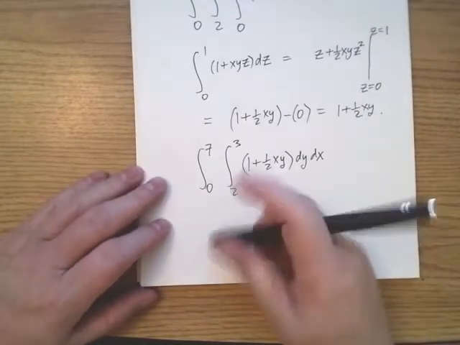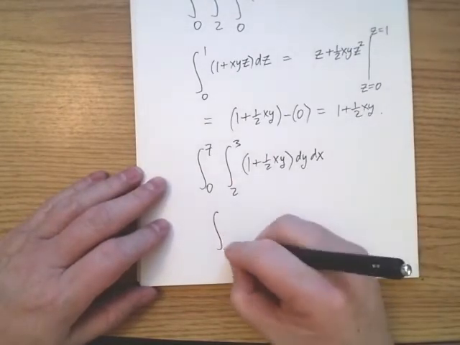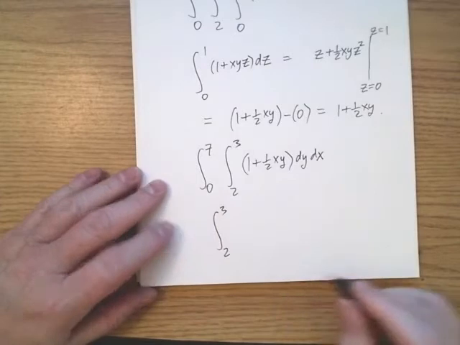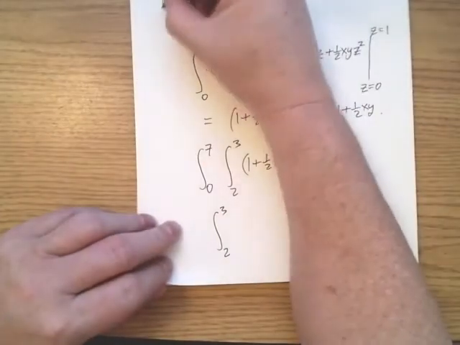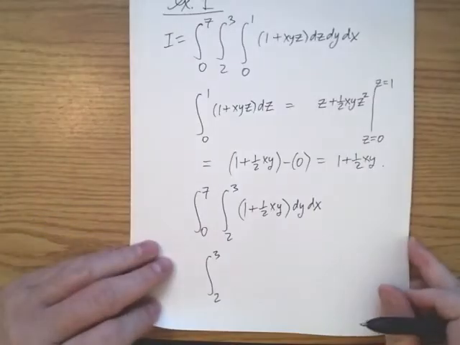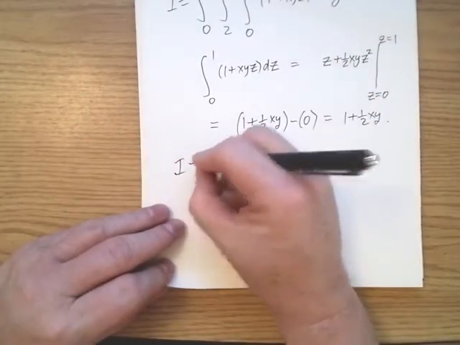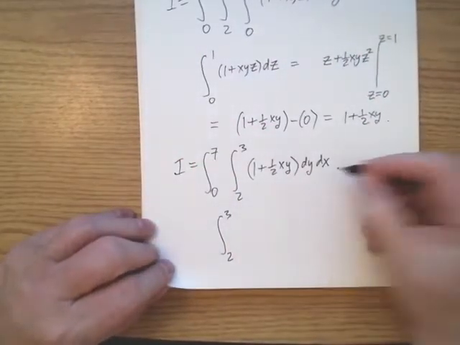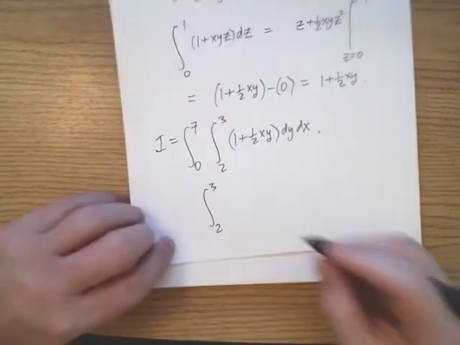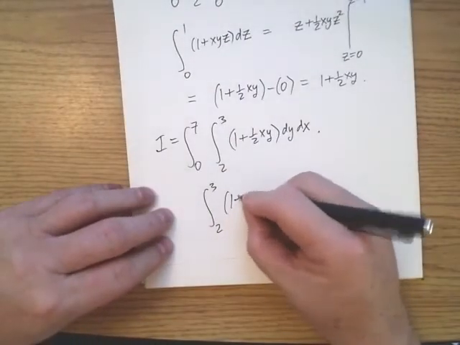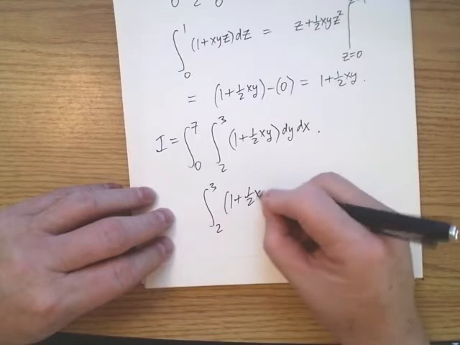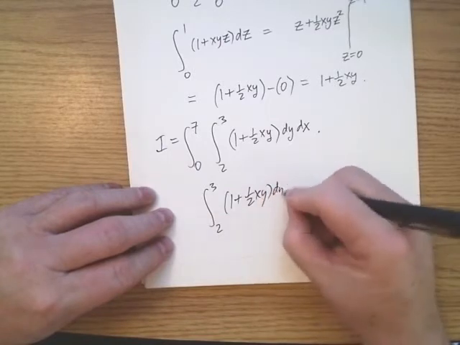Now, again, I could do this inner integral. I'm going from 2 to 3. Maybe I should come up here and say this is I. Okay, that's I. Now, this is just an inner integral, but this is I again. Okay, so I'll make that statement, put a period. Let's work this guy out. 1 plus 1/2 xy dy.